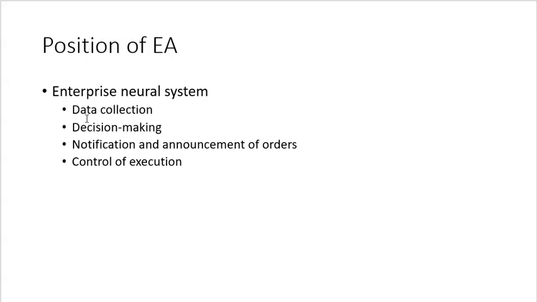Now, after you have made the decision and you have a new order that needs to be announced in that enterprise, you have to notify everybody about that order and announce that order. This part is done exactly after the decision making phase.